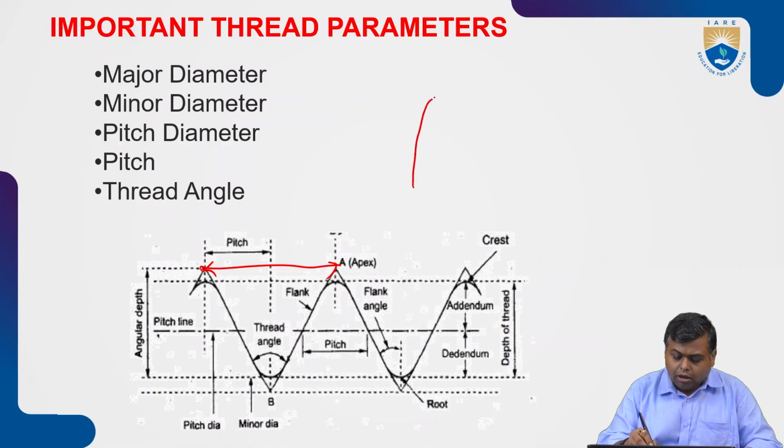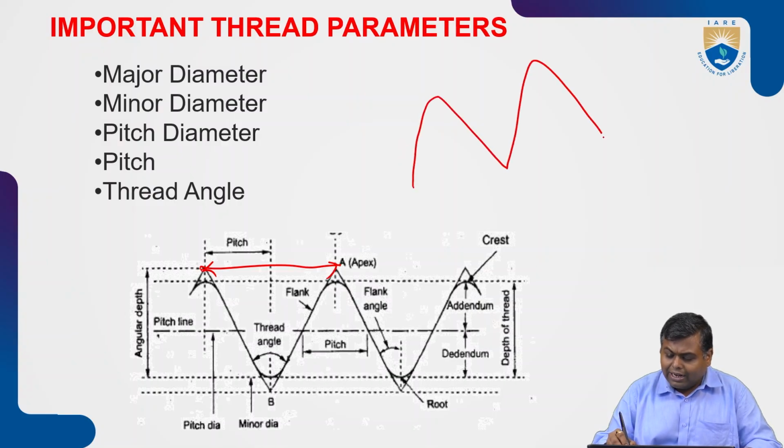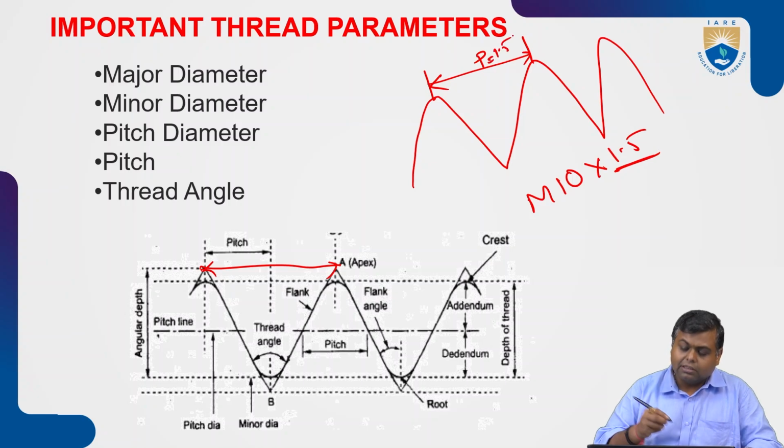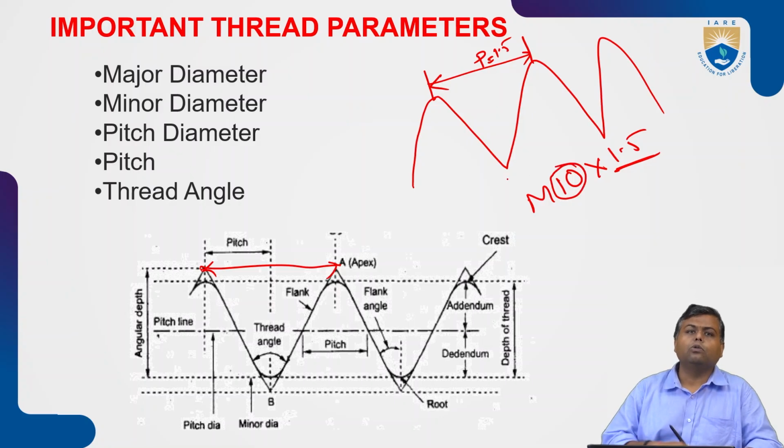So if I draw the profile of the thread, then this is the length which is called pitch. So in the nomenclature I have already told you, if M10 is represented by 1.5, this 1.5 is representing this pitch. M10 is the diameter with respect to the particular screw thread.